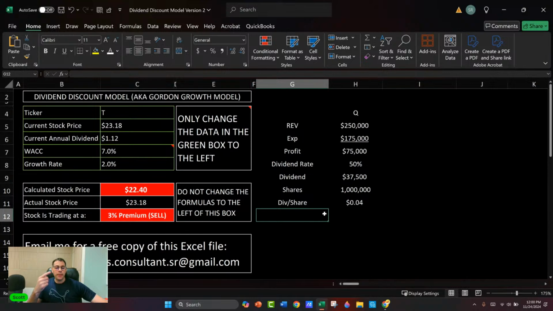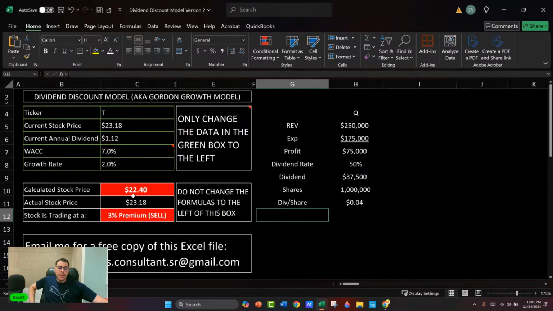So this is a good way to think about it, because say this was AT&T. Just say this was their numbers. Since they don't pay out 100% in dividends, it's actually a higher valuation, because the Gordon growth model assumes 100% of the profits are paid out as dividends. If the company retains some of the profits to grow the business, maybe to acquire another company or for CapEx purposes, then it's actually a higher valuation.